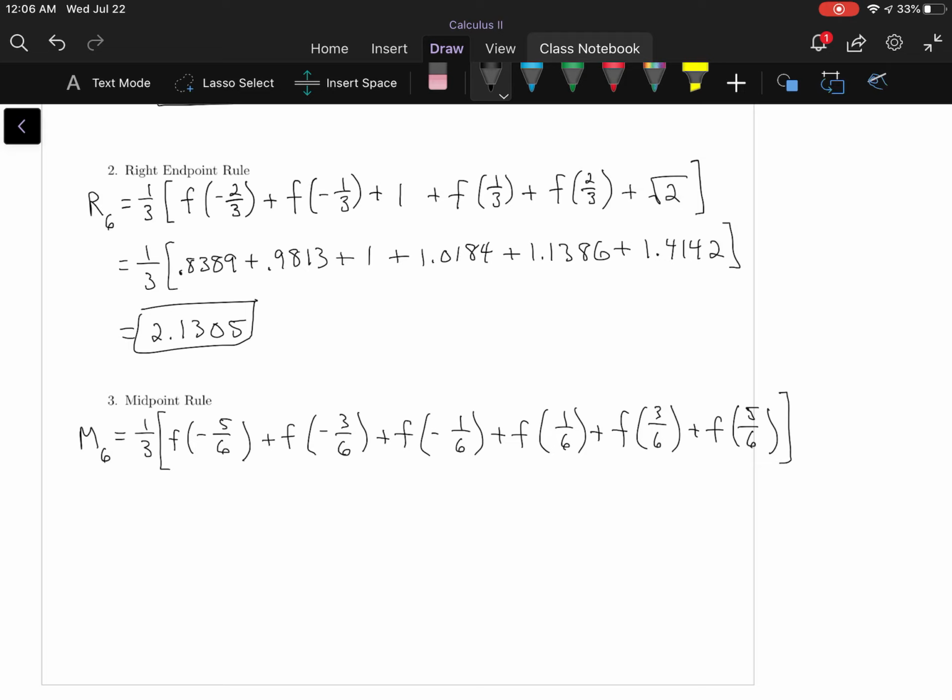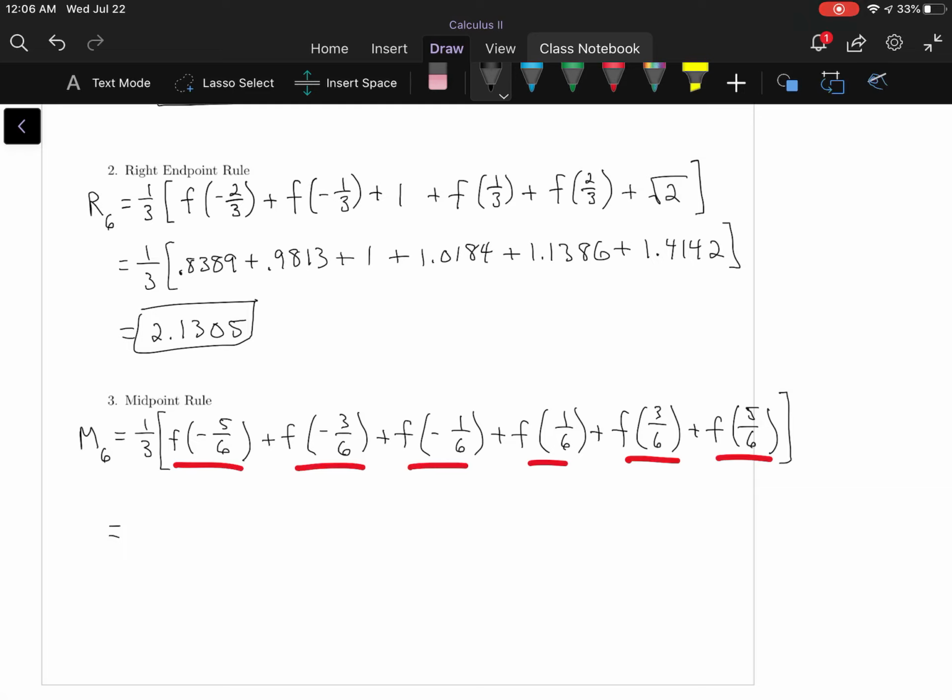So a quick check. We've got 1, 2, 3, 4, 5, 6 values that we're going to have, which means all of our intervals are covered. And now we need to find out the y value on the curve at each of these particular values. So negative 5/6, negative 3/6, negative 1/6, and so forth.